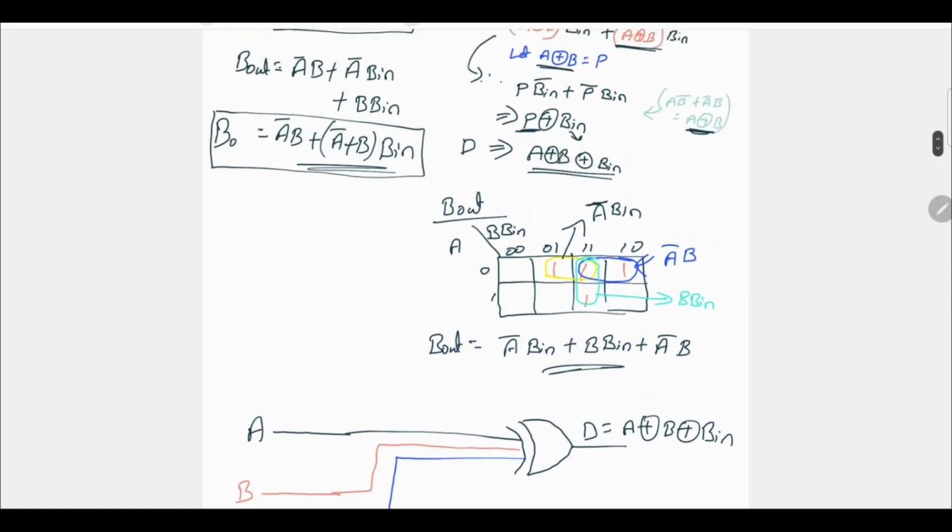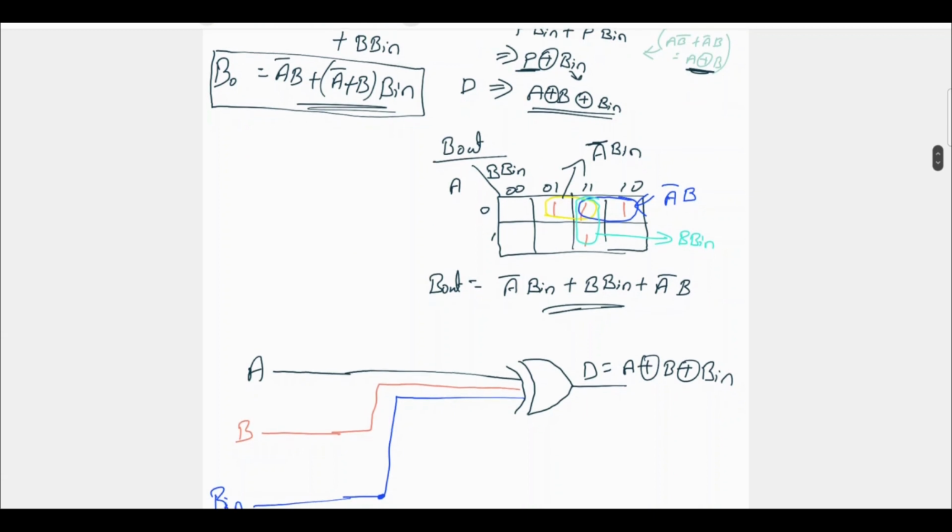Now the second one, we have to draw the diagram for B out.